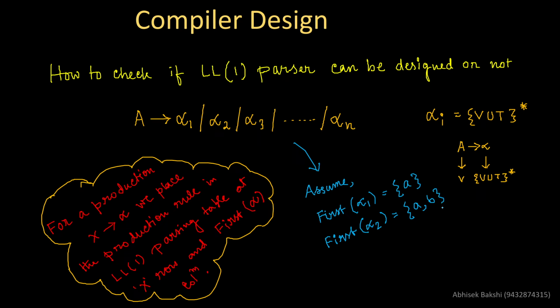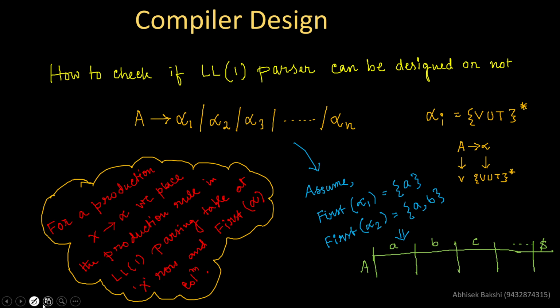This is also possible. If so, what problem will we face when we design the corresponding LL1 parser? Consider the row A, where we have a lot of symbols: symbol a, symbol b, symbol c, and at the end, dollar. This column is for a, this is for b, this is for c, and so on.